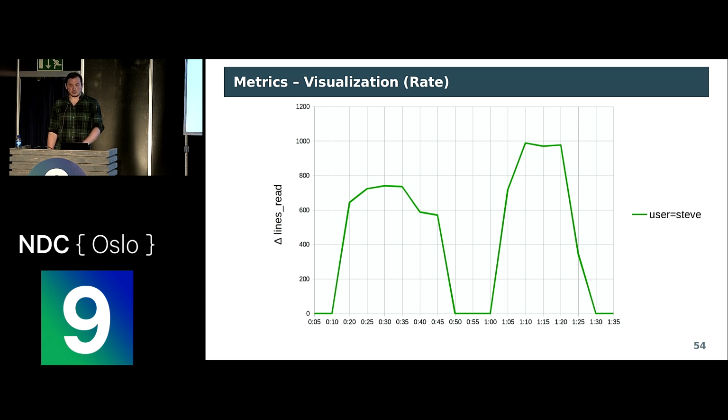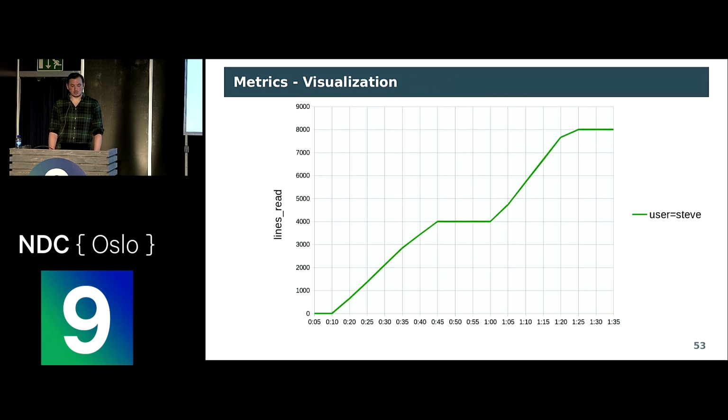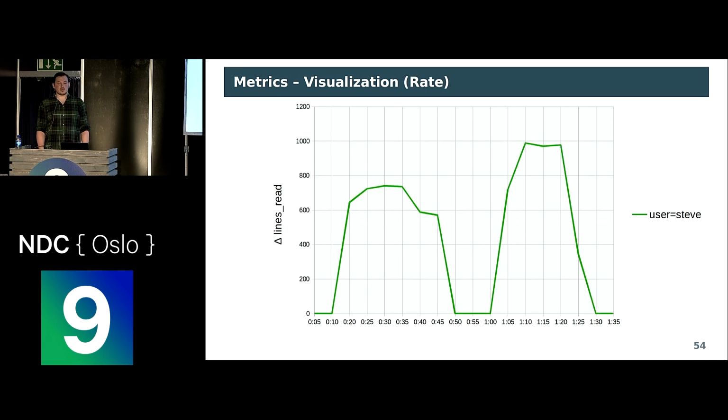Because from this graph here, it's really hard to see that we're actually reading lines at a faster rate the second time round than the first time round. Maybe that's because we've got some disk cache helping us, so we're not reading everything from the disk. Then we have this sort of interesting lump in the data.